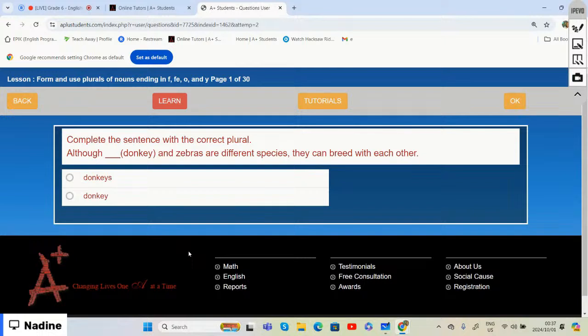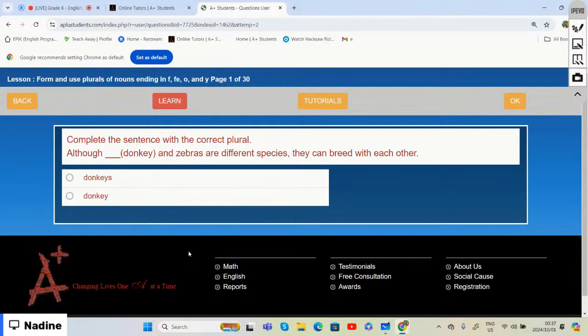All right. Although donkey and zebras are different species, they can breed with each other. So, donkey, we need to write that word in plural form. Is it option one, donkeys, or option two, donkey?